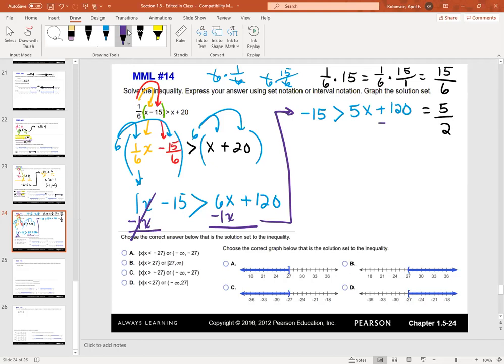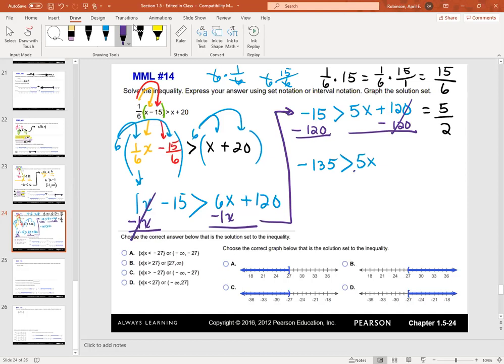Next, I'm going to subtract 120 from both sides. Boom, that cancels. Negative 15 minus 120 is a negative 135, which is greater than 5x.